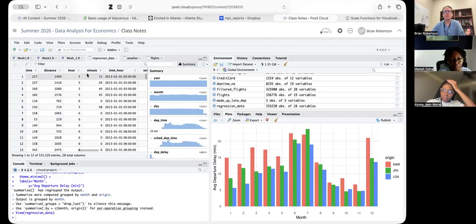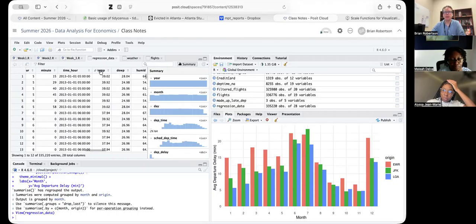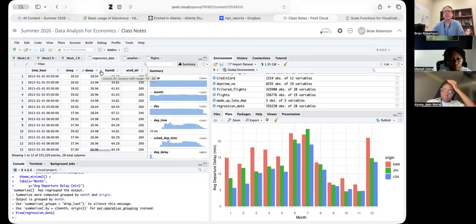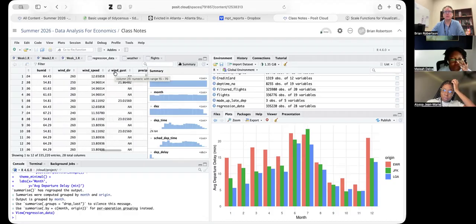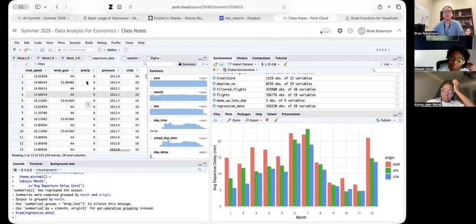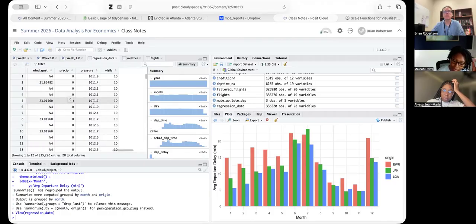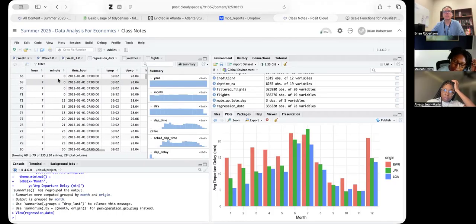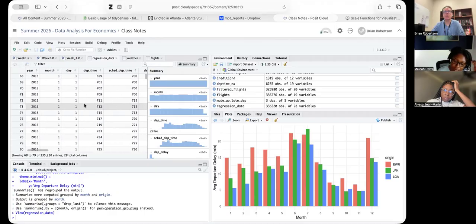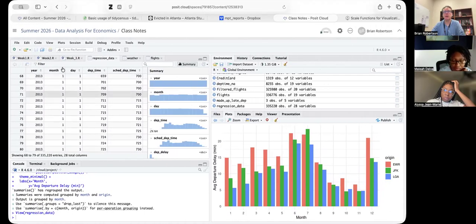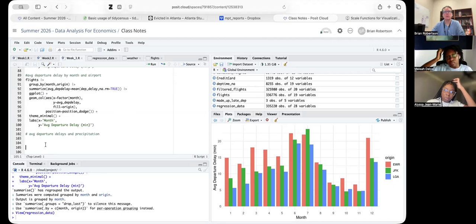If I keep going over, I should hit weather. I've got temp, dew point, humidity, wind direction, wind speed, wind gust, precipitation, pressure, visibility, right? So I now have a data set that has both my flight data as well as my weather data. So let's go ahead and start with that.